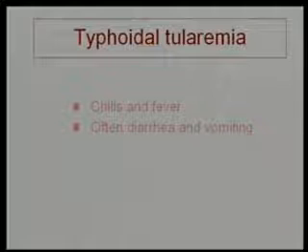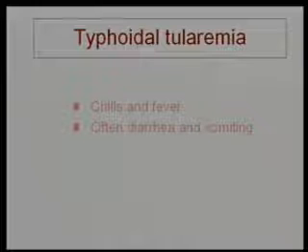That's why it's called typhoidal tularemia. That is by ingestion of meat contaminated with the organism, it could be a killed rabbit or anything that is hunted, and the flesh has the organism and is not cooked properly, or by handling it and then hand-to-mouth contamination.